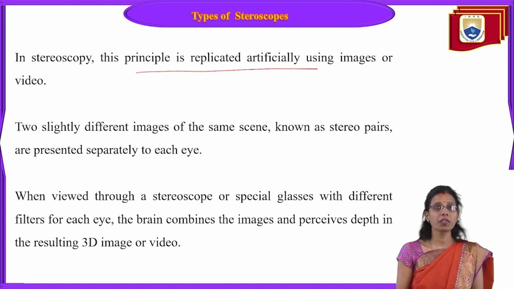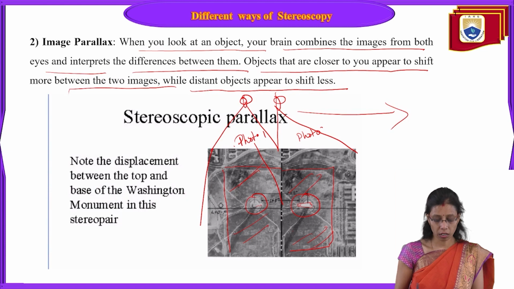So two slightly different images of the same scene are known as stereo pairs. Slightly different images of the same scene means if you see in this, these are from the same scene, but there is a slight difference. How can we identify it? You see this tower is slightly displaced.